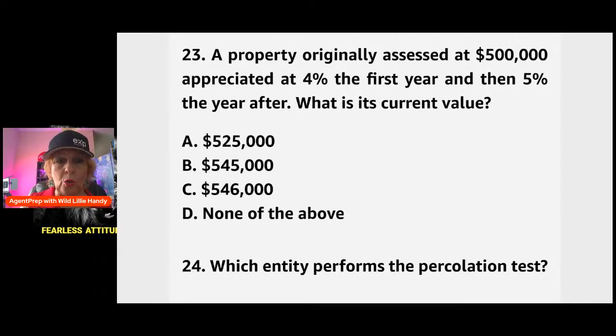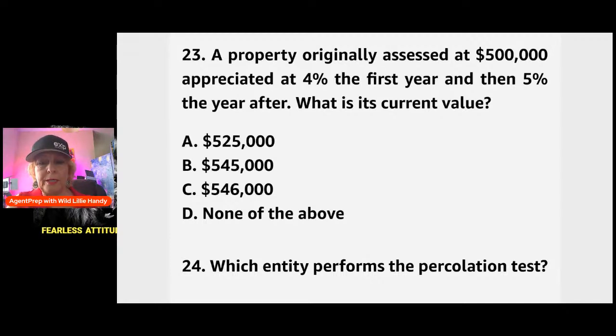So that's the whole number. Then it appreciated 4% and then 5% the year after. So it's a two-process step calculation, right? So is it A, 525, B, 545, C, 546, or D, none of the above?